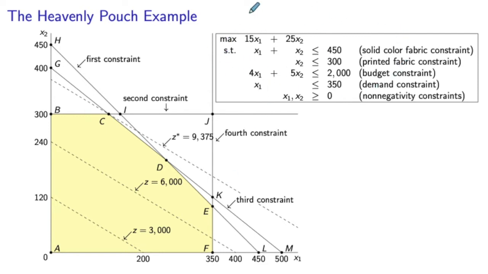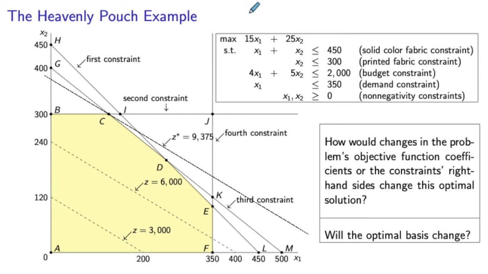The questions that we are going to focus on are: how would changes in the problem's objective function coefficients or the constraints' right-hand sides change the optimal solution? And the second question, will the optimal basis change if we have certain changes in the model's parameters?